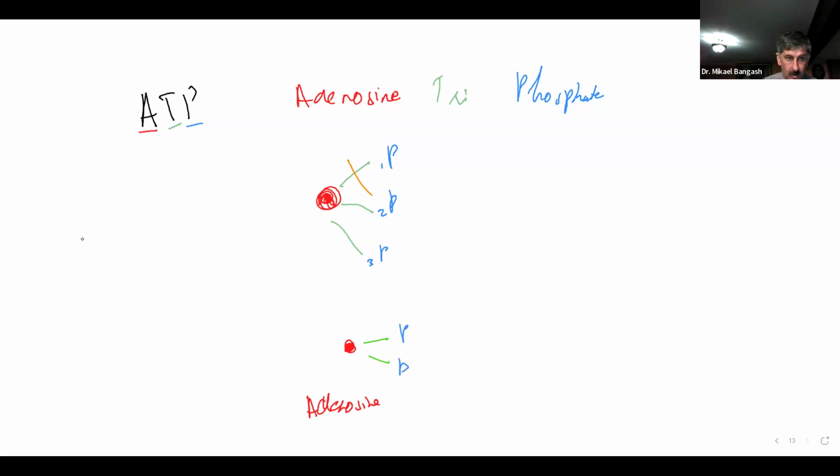We are just left with 1, 2 phosphate molecules. That's why we can say that it will be diphosphate.